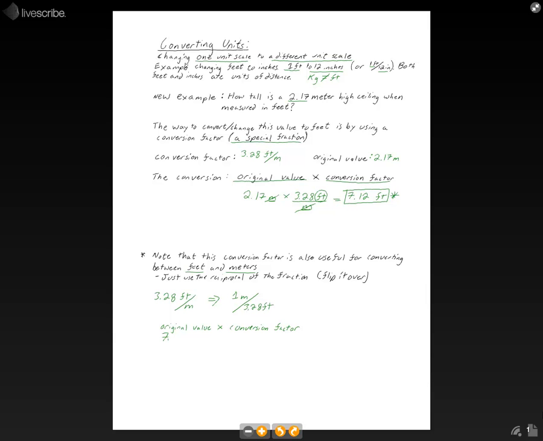So 7.12 feet, and then you multiply by the conversion factor of 1 meter over 3.28 feet. When you do this, the feet in the numerator and in the denominator are canceled, and the resulting value will be in meters. And this will come back out to 2.17 meters.